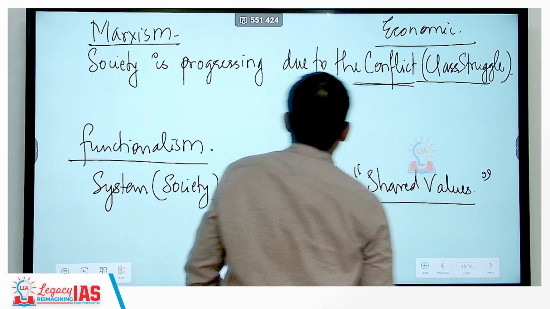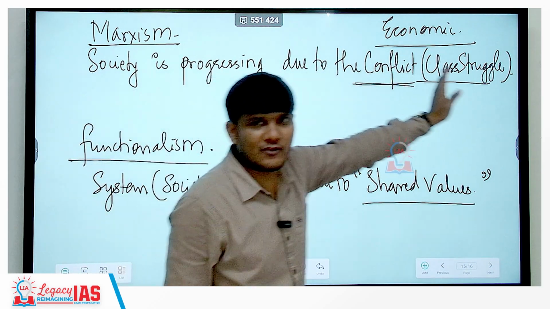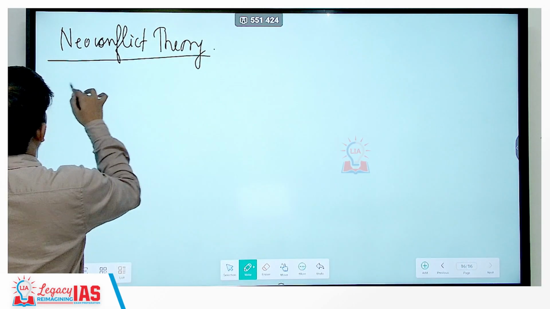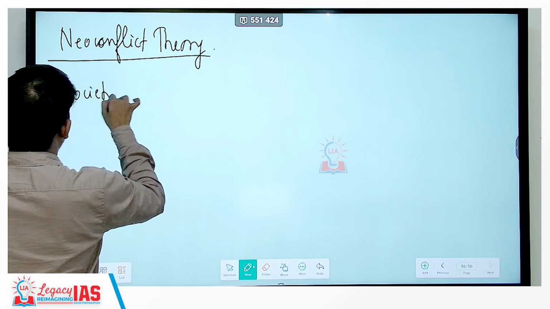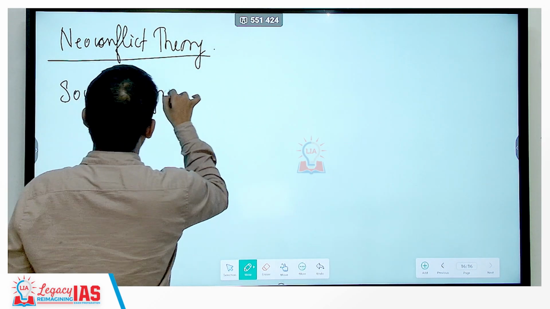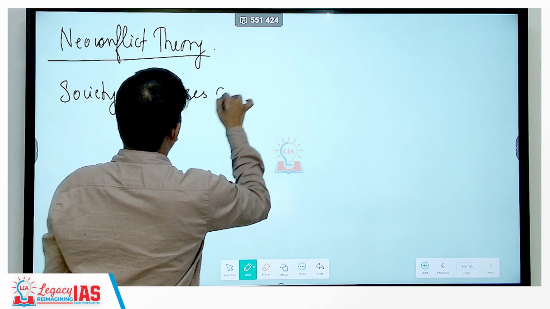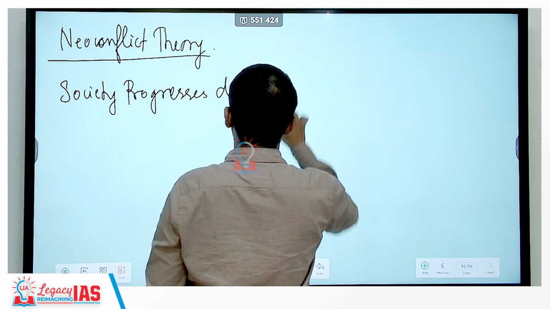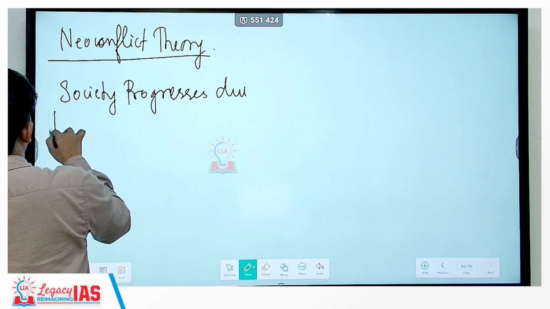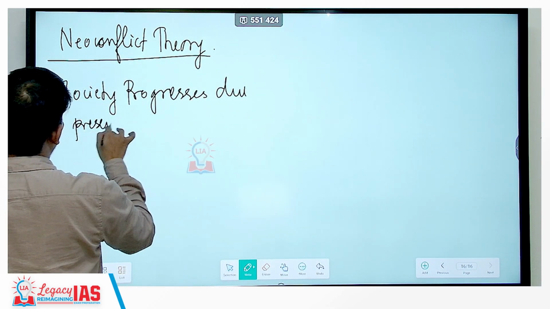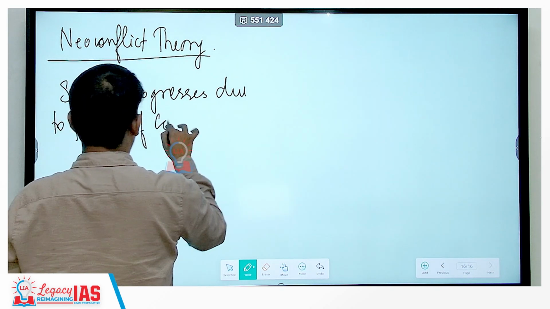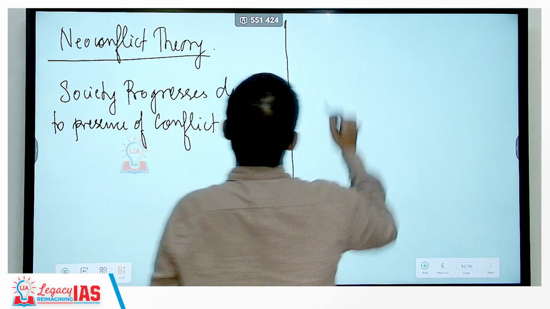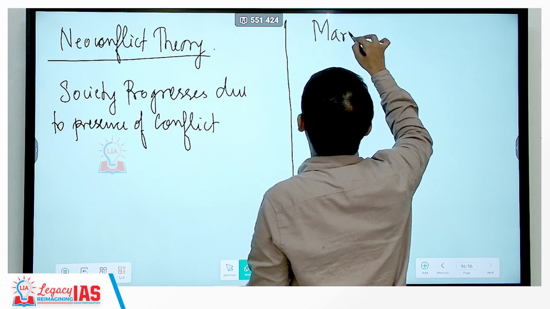also, the society would progress due to the presence of the conflict, right? Society progresses due to presence of conflict, right? And this is exactly what Marxism also said.